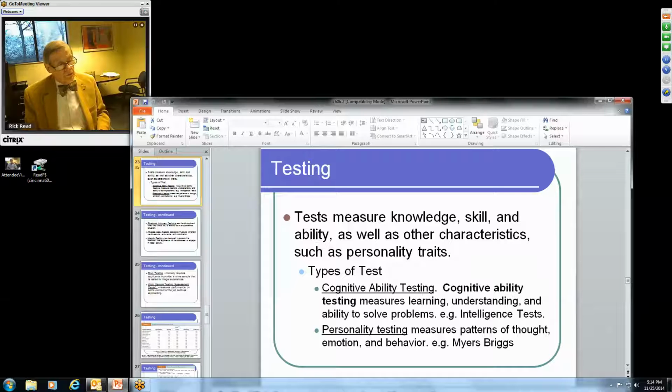Now, I'm not going to tell you that we don't have to pay a lot of attention to this. If you're going to use personality tests, make sure that they're developed by someone who has expertise in the area, an industrial psychologist, and interpreted by someone who has expertise in that area.